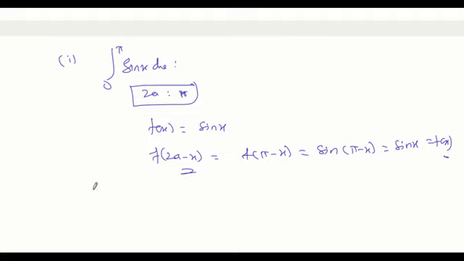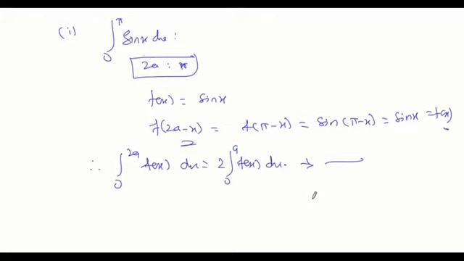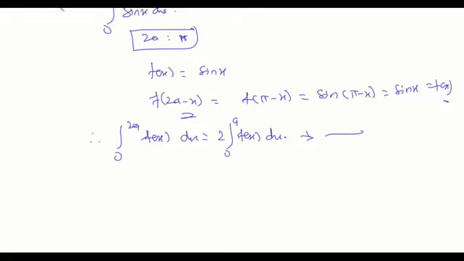So therefore we can say integral 0 to 2a f of x dx as integral 0 to a 2 times f of x dx, and then we can do the integration. We can apply it, doesn't matter. But you see another example, integral 0 to pi cos x dx. Now see, children, what I am going to say. I am going to say f of x is cos x.